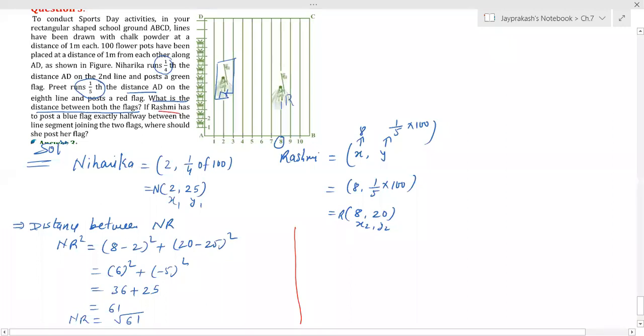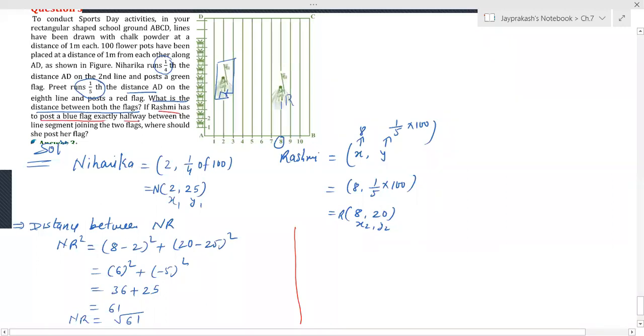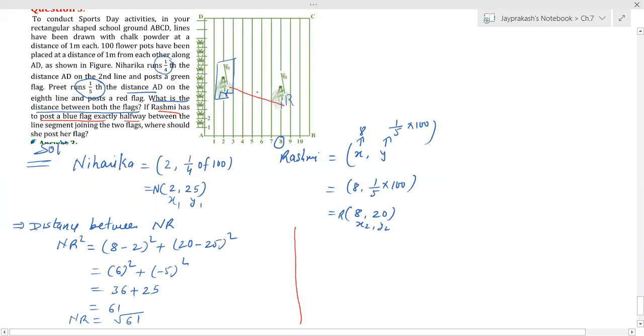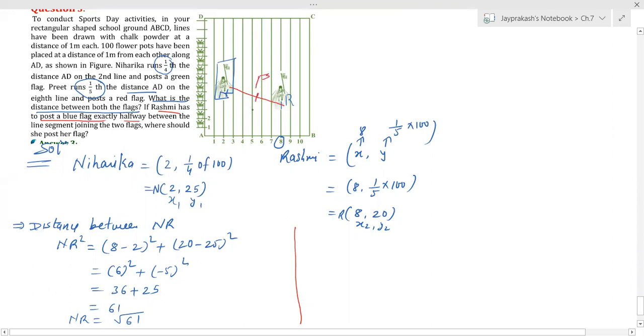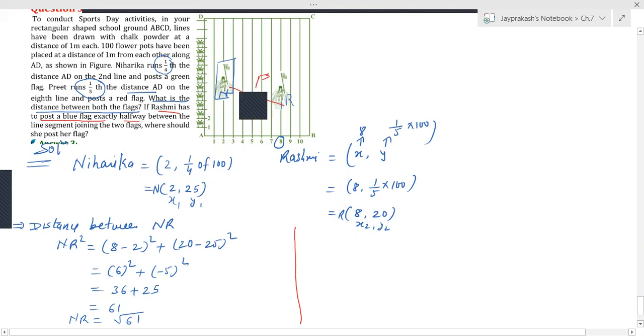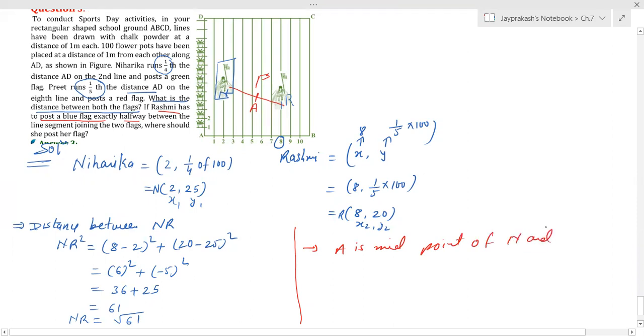If the Rasmi has to post the blue flag exactly halfway, means इन दोनों को ज्वाइन करने वाली लाइन हो गई, she has to post the flag here. अगर उसको यहाँ पे flag लगाना है, that means this point, suppose this one is the point A. So we will find A is a midpoint of NR.